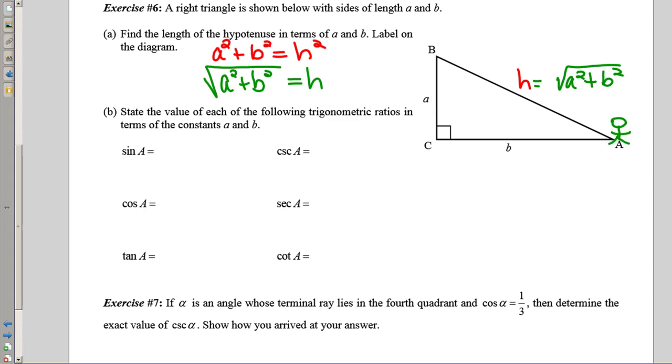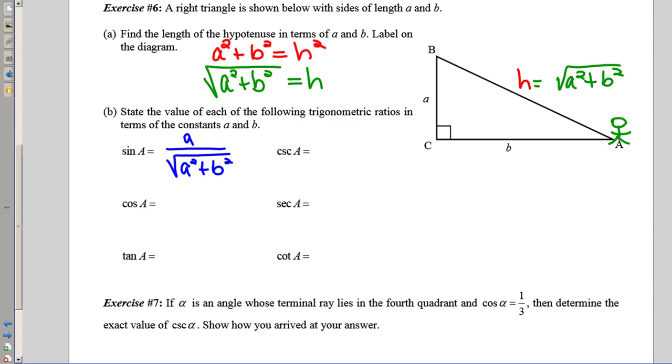Then I'm going to consider opposite over hypotenuse, right? So I have A over the square root of A squared plus B squared. This is one of the few times that I'm going to tell you that you do not have to rationalize the denominator, because it's going to make it easier for us to evaluate the reciprocals.